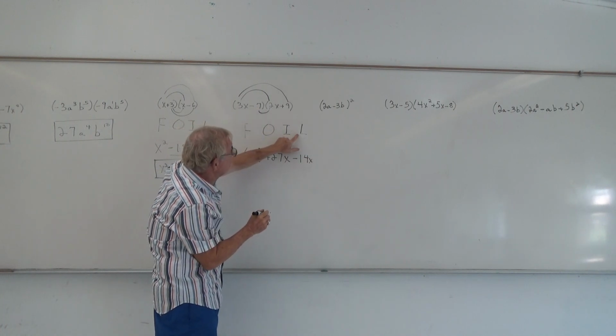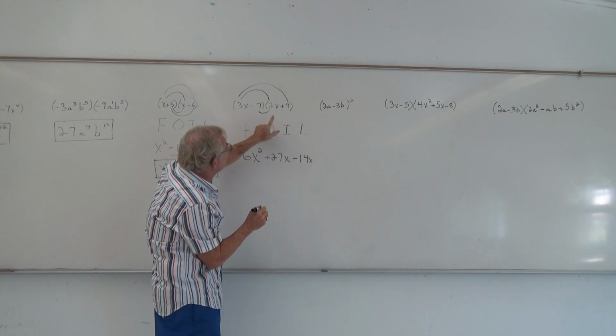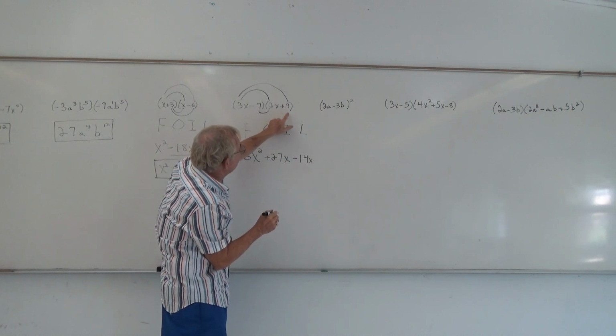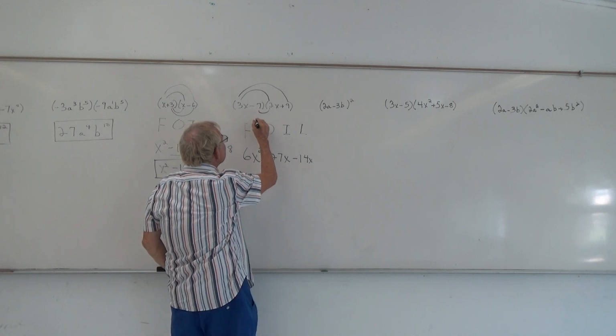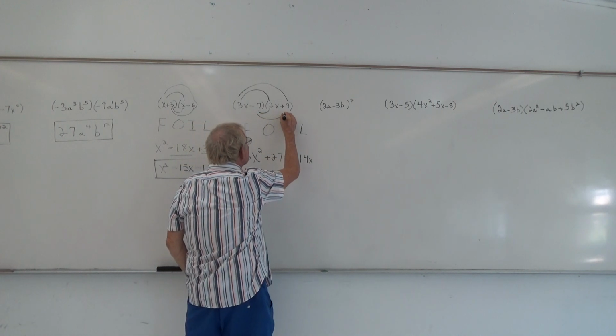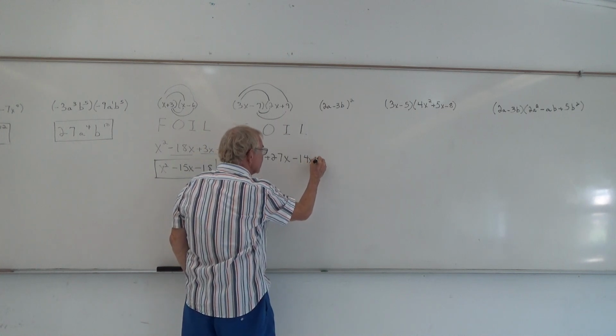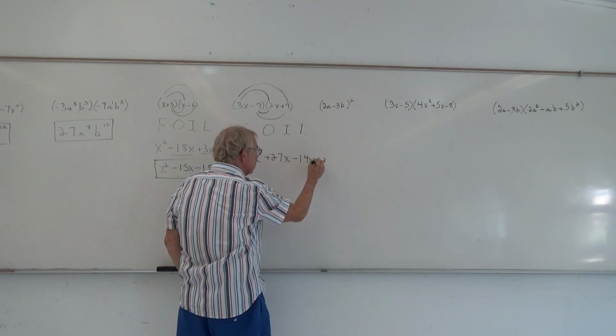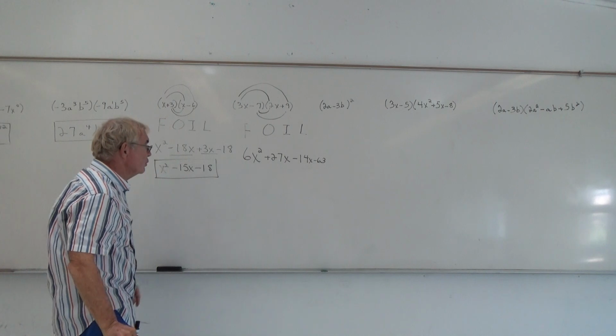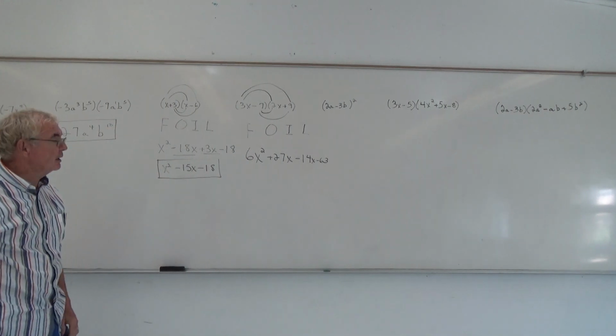And your last term is the second one here and the second there. It would be these two. And a negative times a positive is a negative 63. Now, let's simplify it.